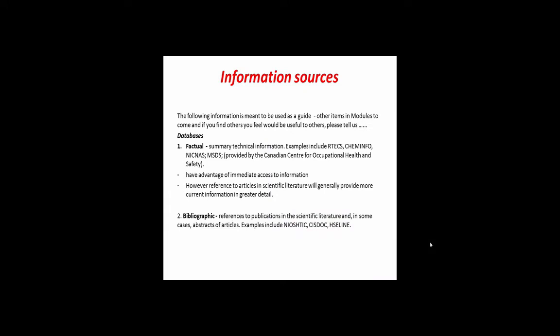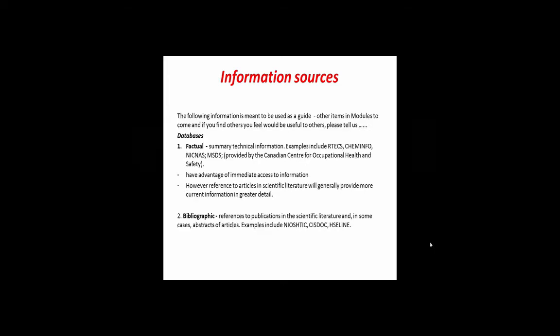There are different types of databases: factual ones and bibliographic ones, and I've listed a few of them there. The advantage of the factual ones, which tend to be online now, is that, although you can sometimes still get DVDs or CDs, the online ones tend to be more up to date. Things like NICNAS, which we referred to in the workshops over the last couple of days on their on-campus days.